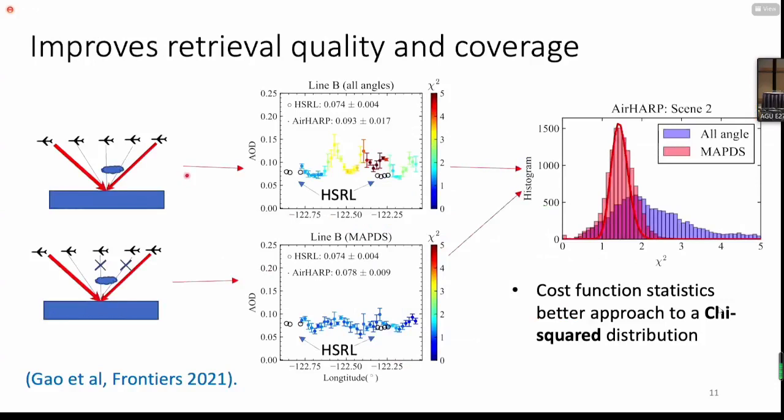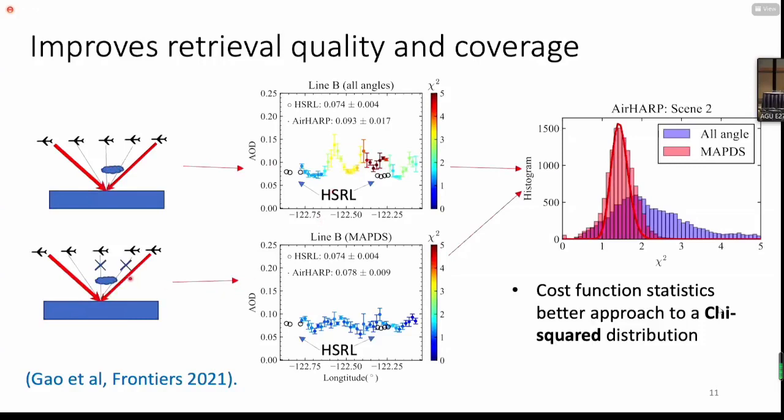And here we are showing you the impact of cirrus cloud on the retrieval result. On top we have the cirrus cloud here, so we can see our retrieved AOD has a peak here.